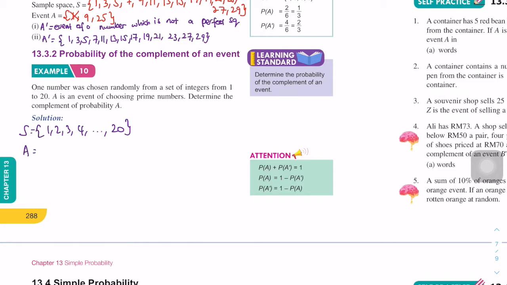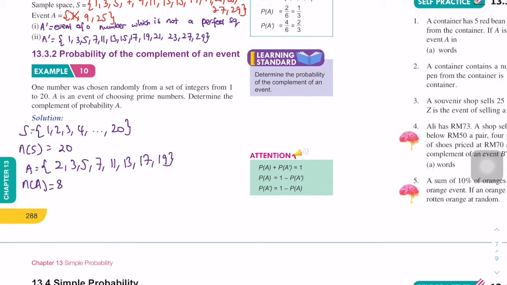Before that, n(S), the number of the sample space, is 20. And then we have event A. Event A is choosing the prime numbers. Prime numbers are 2, 3, 5, 7, 11, 13, 17 and 19, where n(A) is 1, 2, 3, 4, 5, 6, 7, 8.